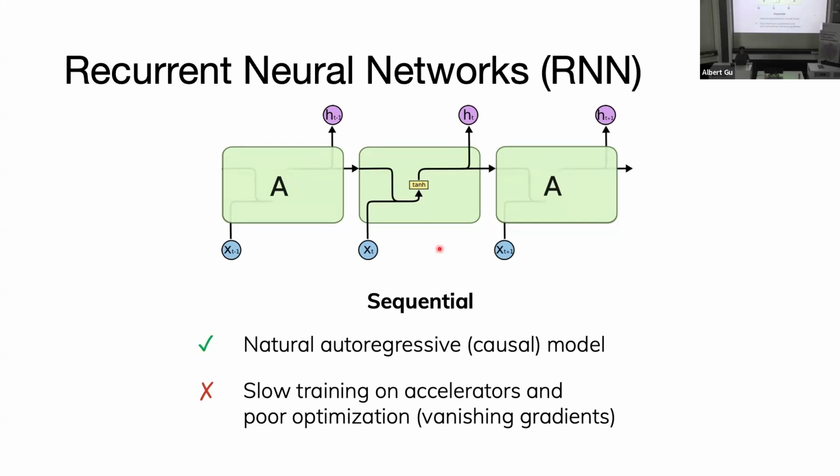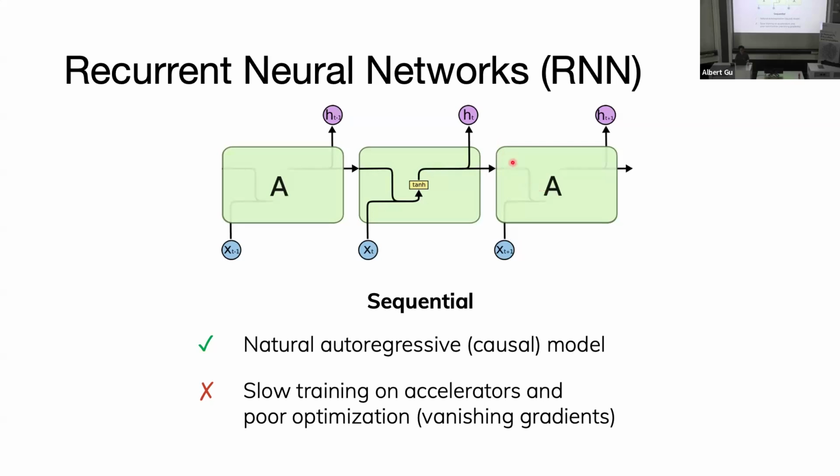The way RNNs work is this, and this is how they used to be illustrated. Basically, there's this black box function, which is called A in this case. This function consumes an input for the current time step, as well as the previous hidden state, since the RNN maintains a hidden state.